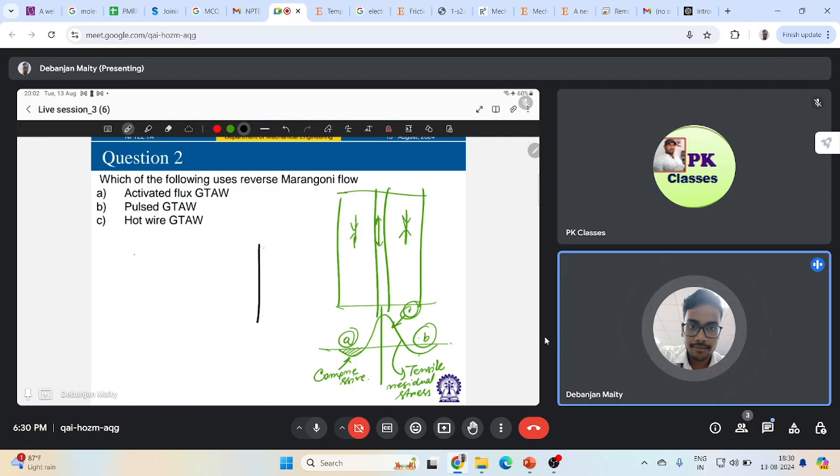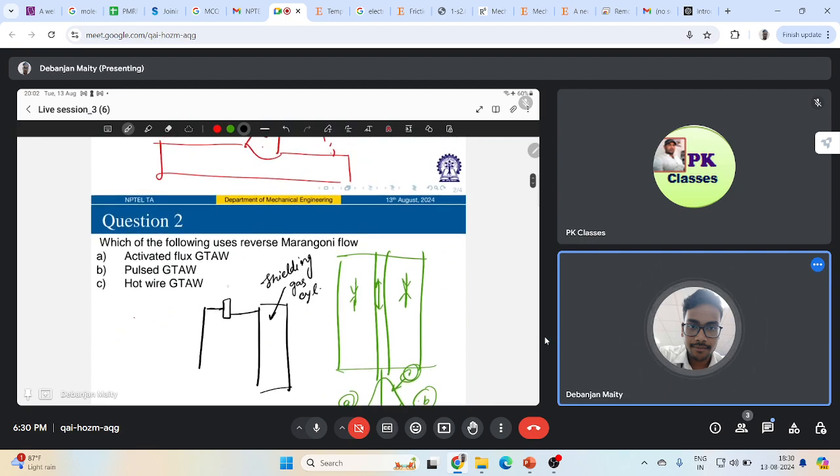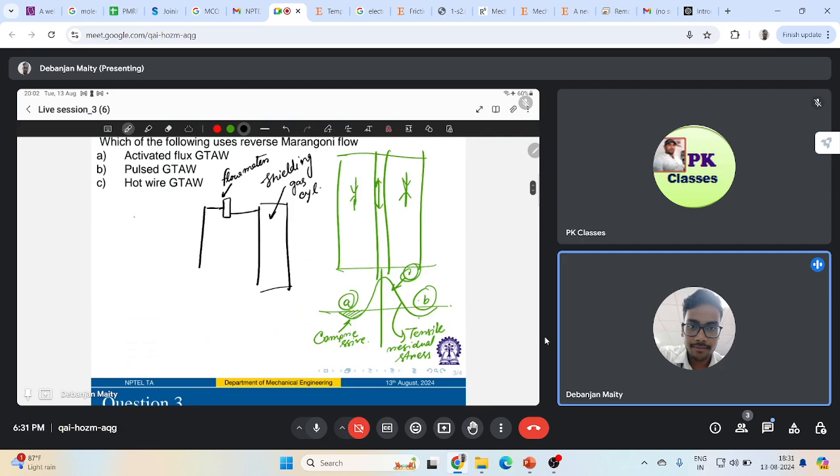I will have a shielding gas cylinder. So let's say this is my shielding gas cylinder. It can have some flow meter to measure the pressure of the gas. Let's say this is the flow meter, and this is my torch.